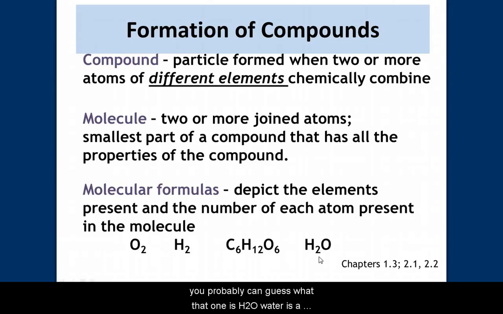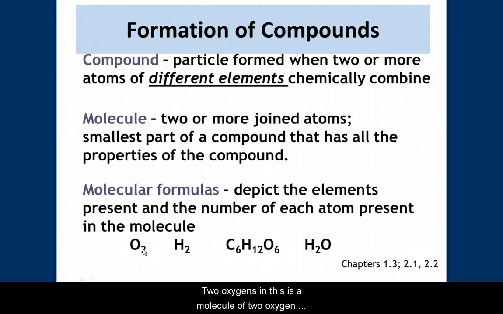And then I think you probably can guess what that one is. H2O, water, represents one molecule of water. It is also a compound because it's two different atoms that chemically combine. And the subscript tells us the number of atoms found in that compound or that molecule.